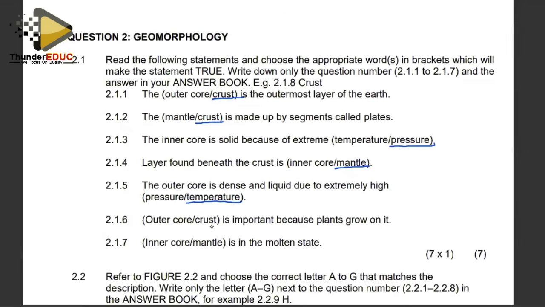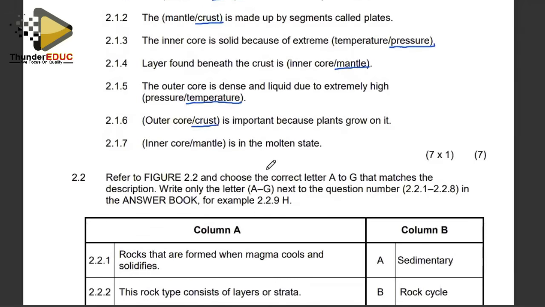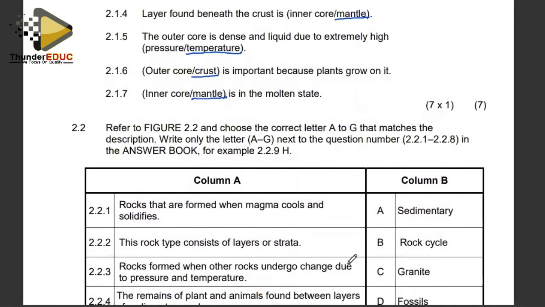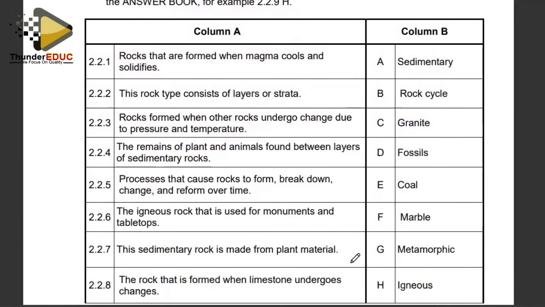Then the outer core or the crust is important because plants grow on it. We can only grow crops on the earth's crust and not anywhere else. Inner core or mantle is there in the molten state. The inner core is solid because of pressure, and the mantle is made up of what? Molten rock.